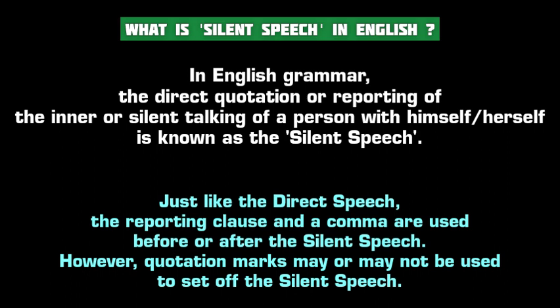Just like the direct speech, the reporting clause and a comma are used before or after the silent speech also. The difference is that while the direct speech denotes a spoken statement, the silent speech expresses internal thinking. However, do remember that quotation marks may or may not be used for the silent speech.